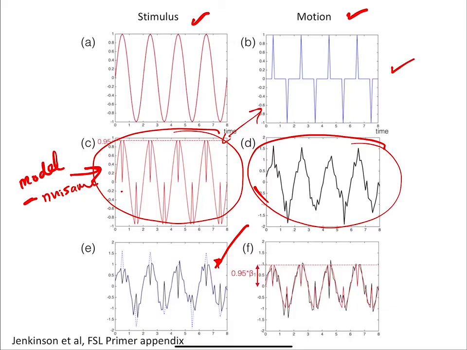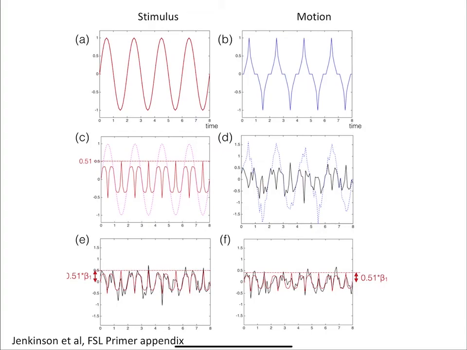So you have to take out the nuisance effects from both the data and the model, and then you do everything on that leftover space. Here you're seeing the data in black being fit by the model in red.